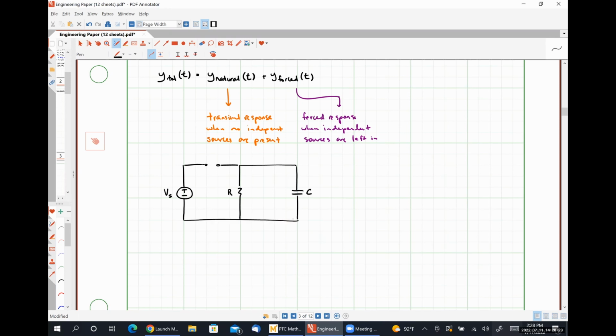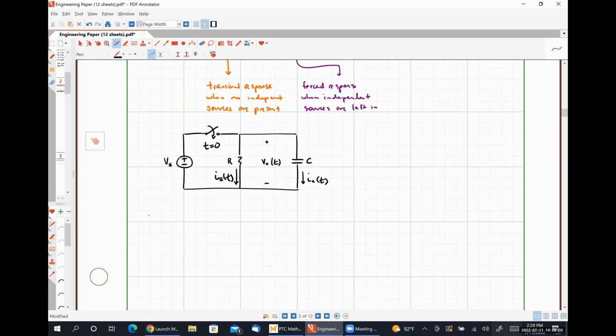Like so. This is our capacitor voltage, VC of t. This is our capacitor current, IC of t. This is our resistor current, IR of t. And we have a switch, but now let's say it closes at t is equal to 0. And we're going to talk about what happens here. Okay.